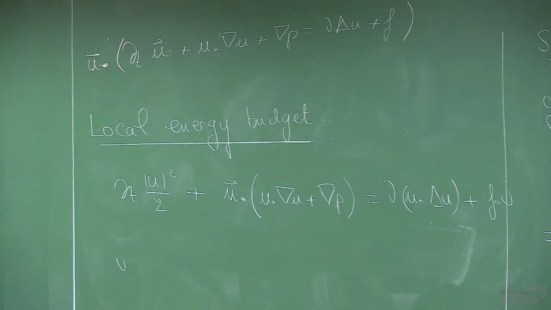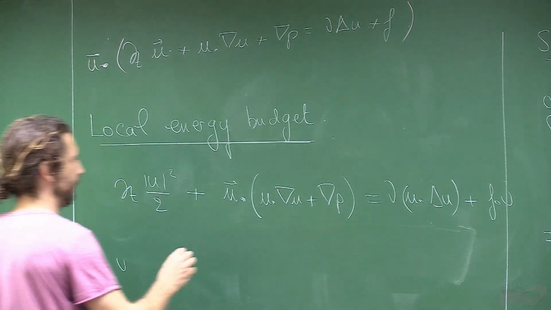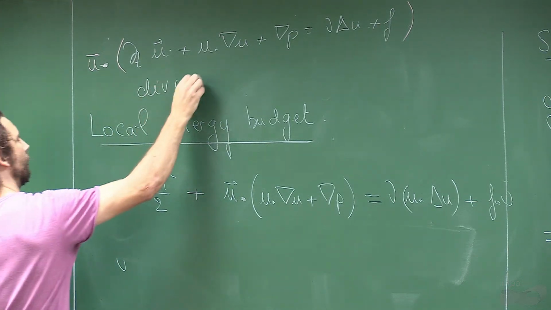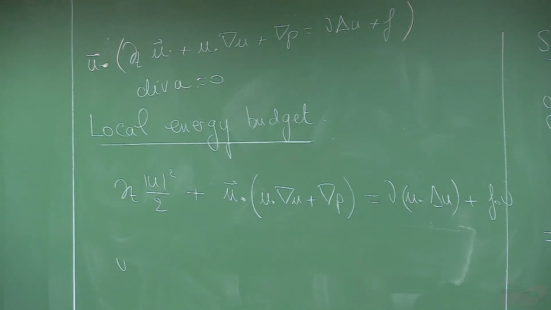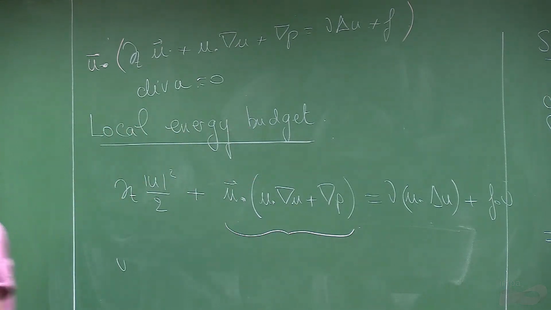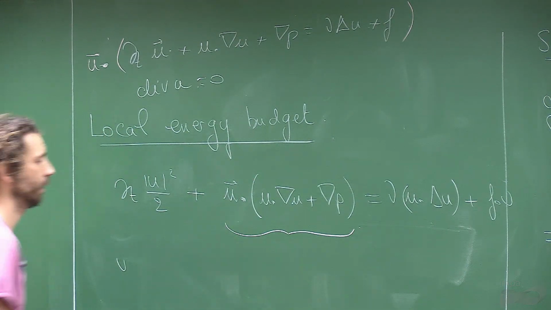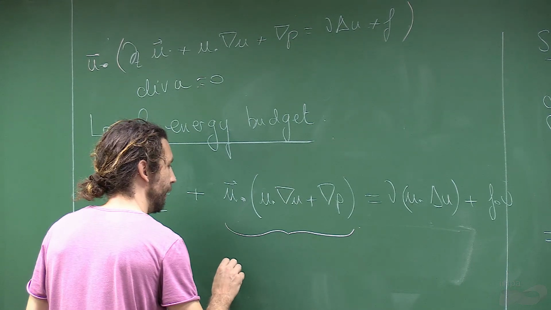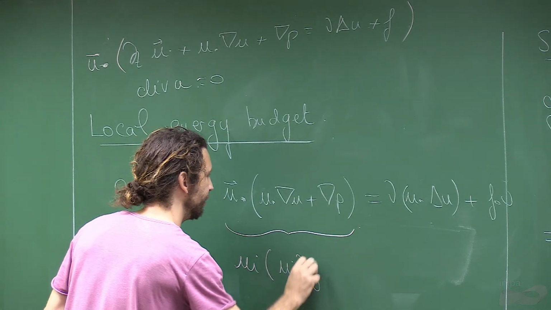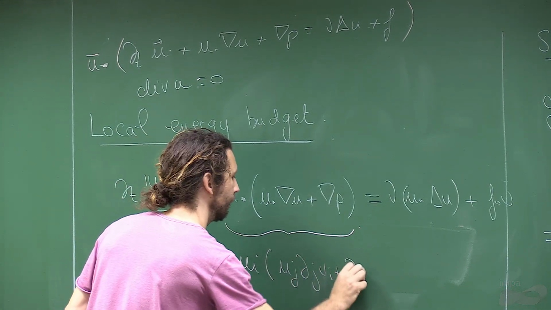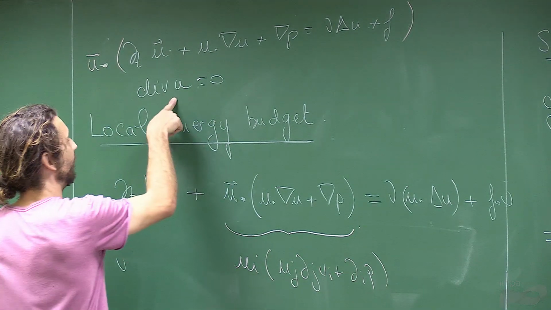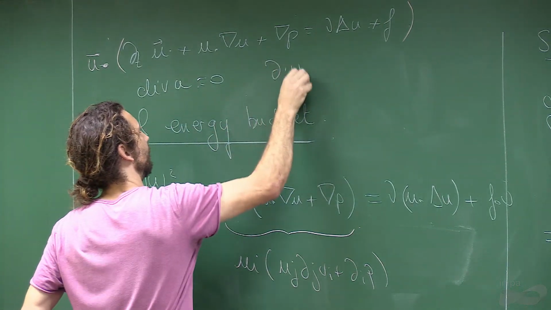So we just need to massage the terms a little bit. We are also going to need the incompressibility condition. Written in index form, it's ui uj dj ui plus di p. And we are going to make use of the fact that di ui is 0.